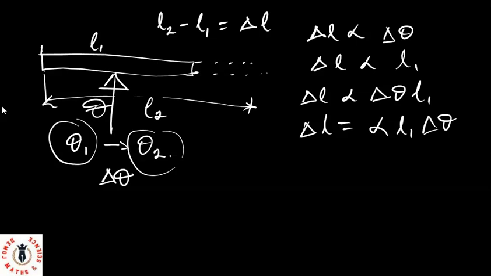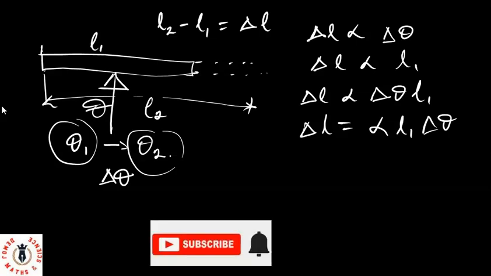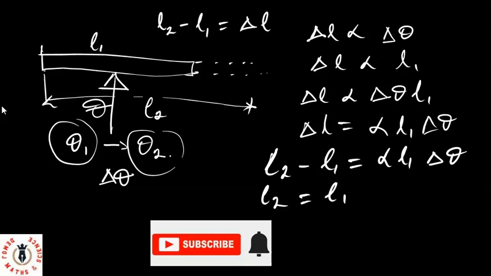So I can conveniently say that if delta L is L2 minus L1, then L2 minus L1 equals alpha L1 delta theta. So L2 will be equal to L1 plus, taking L1 to the other side, alpha L1 delta theta.